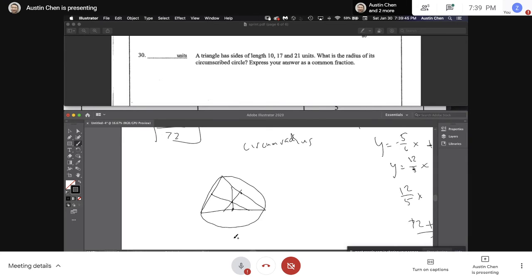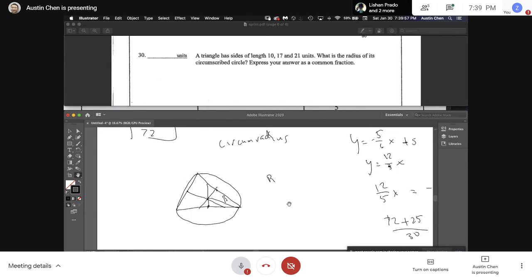So the triangle is inscribed in the circumcircle. The radius of this circumcircle is called the circumradius, and it's usually denoted with big R, and the inradius is usually denoted with small r. If you don't know that stuff, then you should get to know it.